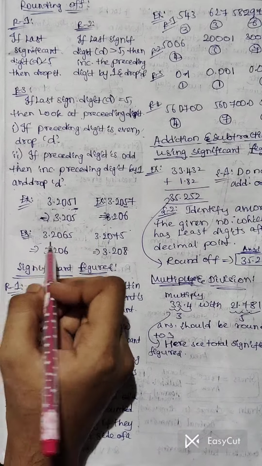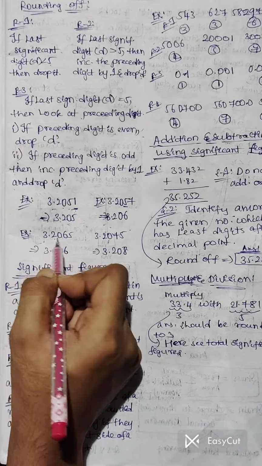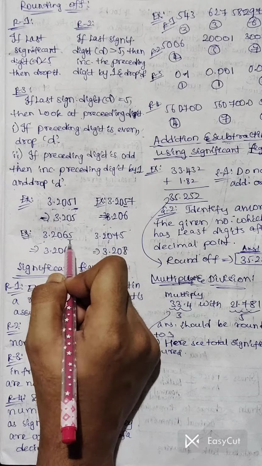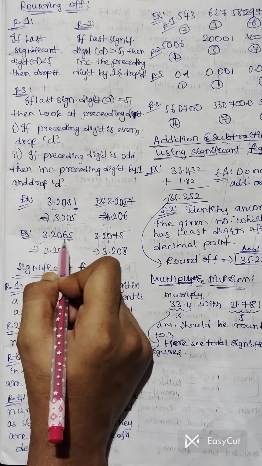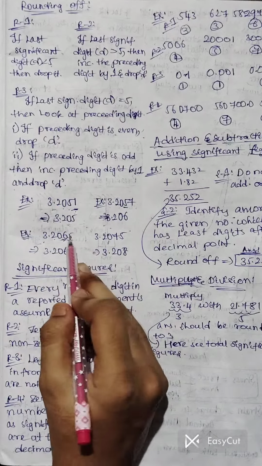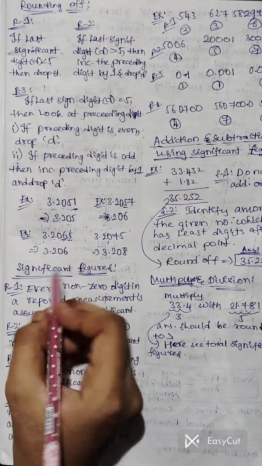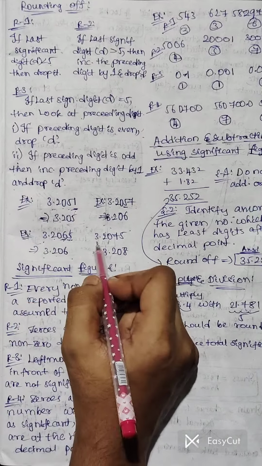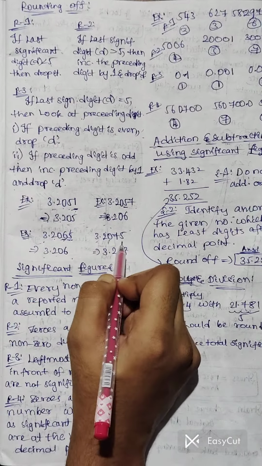For example, if it is 3.2065, here the last significant digit is equal to 5 and the preceding digit is even, as is case 1. So you have to drop this last significant digit. So you get 3.206.